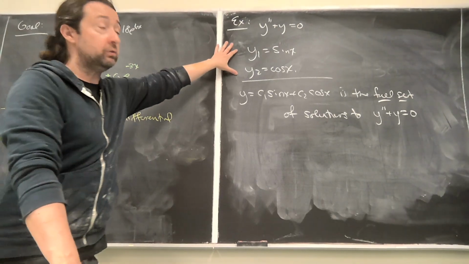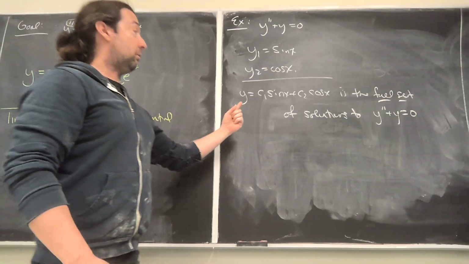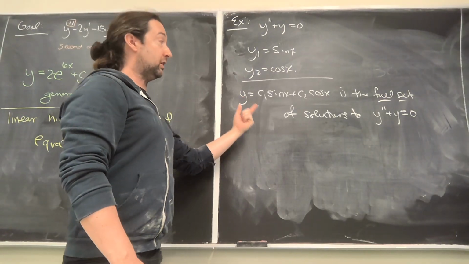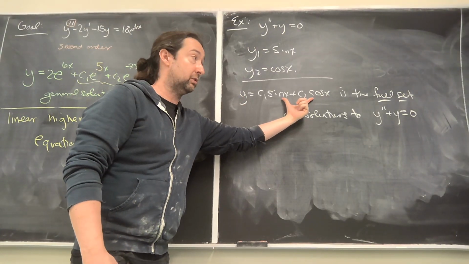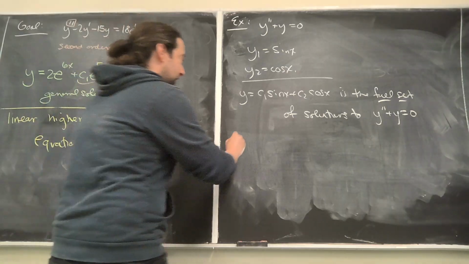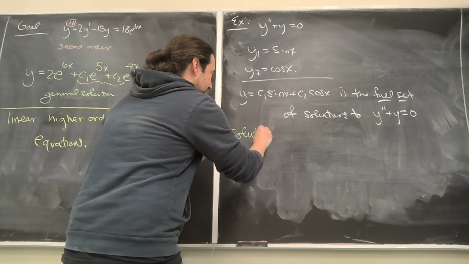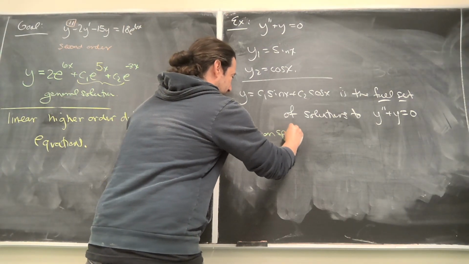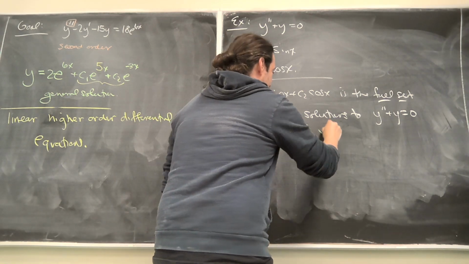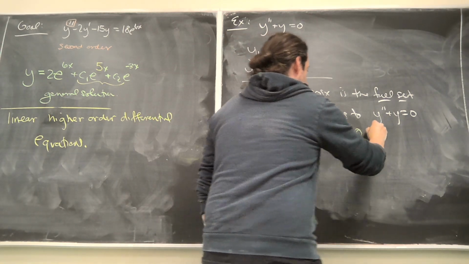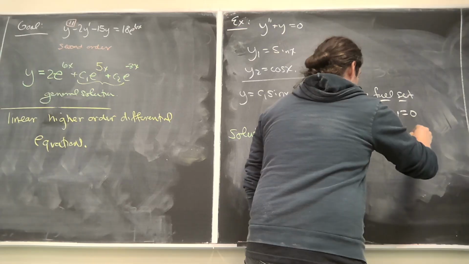If I have two solutions, and I would like to show that the general solution is equal to linear combinations of those solutions, that's another way of saying the solution space of y double prime plus y is equal to 0 is two-dimensional.